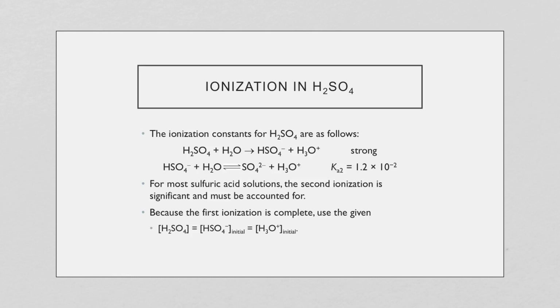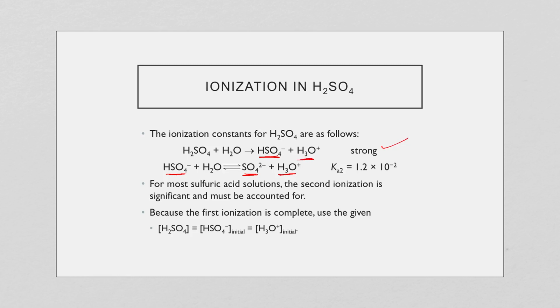If we look at that sulfuric acid example, we can see that our first ionization is strong, so 100% of this becomes this. Now, our second ionization is of the product of our first one, which again undergoes a second ionization, in this case to produce SO4 2- ions plus some hydronium.